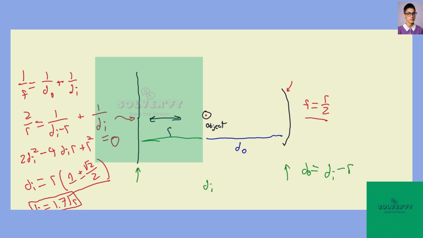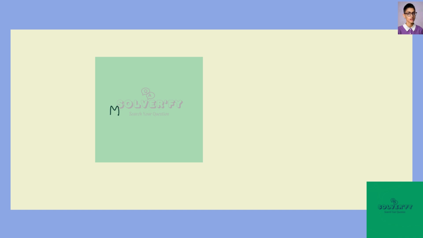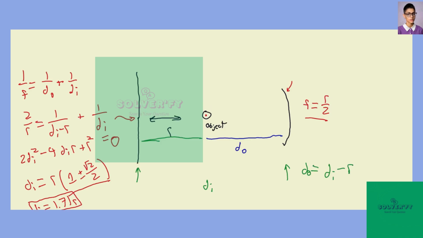And it wants us to calculate the magnification, sort of as a little bonus at the end. And that's not too tricky because we'll go to a new page. M is simply minus di over do. And we have that our di is 1.71r, and do is just di minus r.